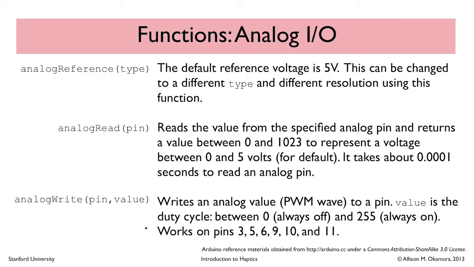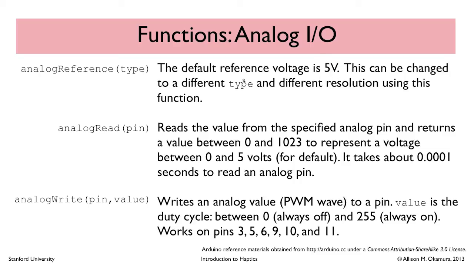So let's look at analog input-output. For the analog systems, there is a handy function called analog reference, which can change some of the defaults about the amount of voltage and the scale at which that voltage is read or analyzed. So the default reference voltage is 5 volts, and for the purposes of this class, we're just going to leave it at that.